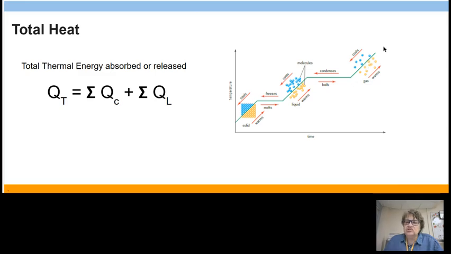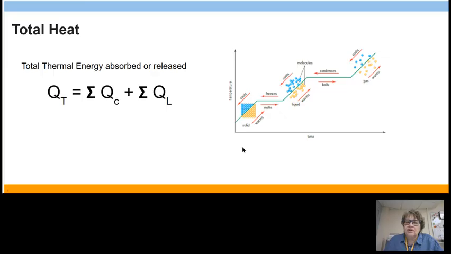So during the boils or condenses section, again, there's no temperature change, but it's going to start as a liquid, and then throughout that time, all of the substance is going to turn into a gas. Once that has happened, then you can superheat it so that you have super hot gas.